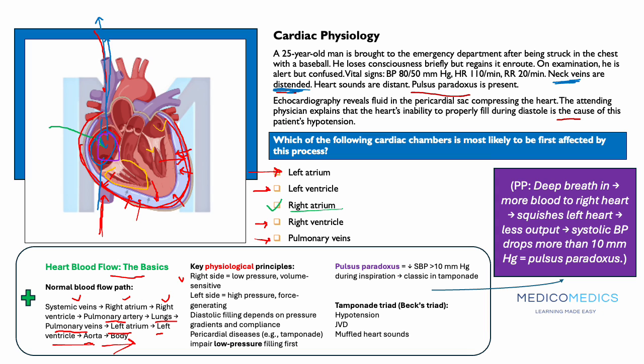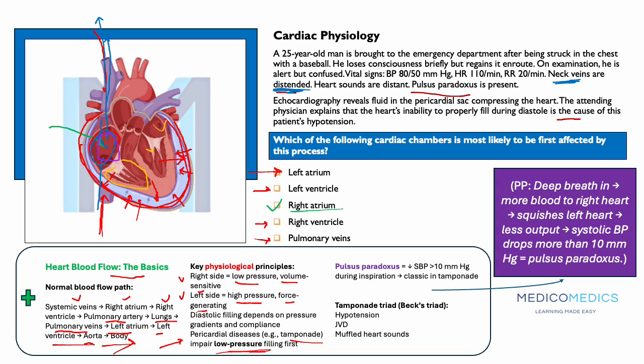The right side, so this is where the pressure is lower and is volume sensitive, compared to the left side where pressure is higher. This is force generating because blood is leaving to our body from our left ventricle. Diastolic filling depends on pressure gradients and compliance. Pericardial diseases like tamponade impairs low pressure fillings first.